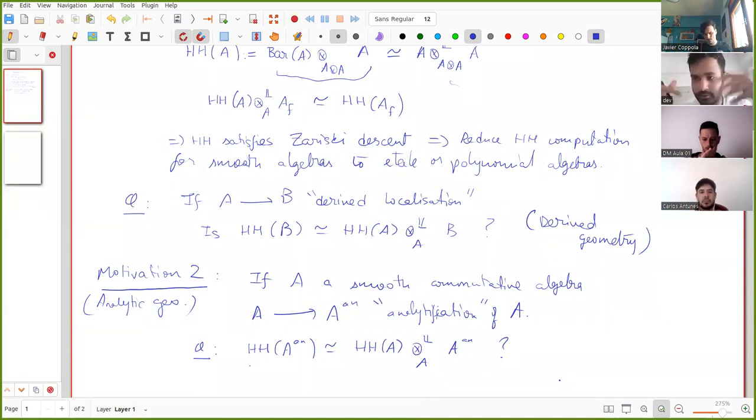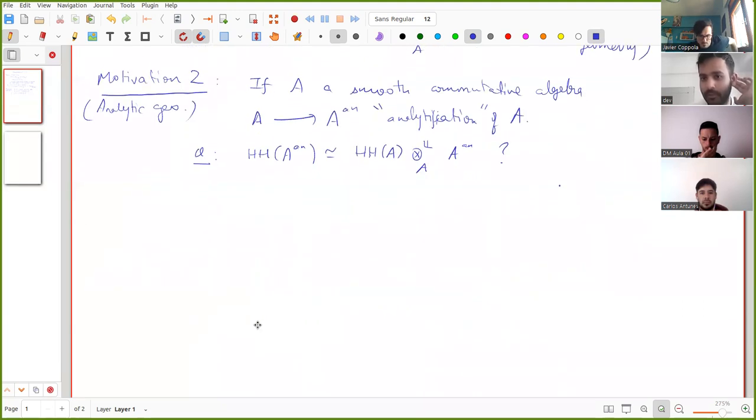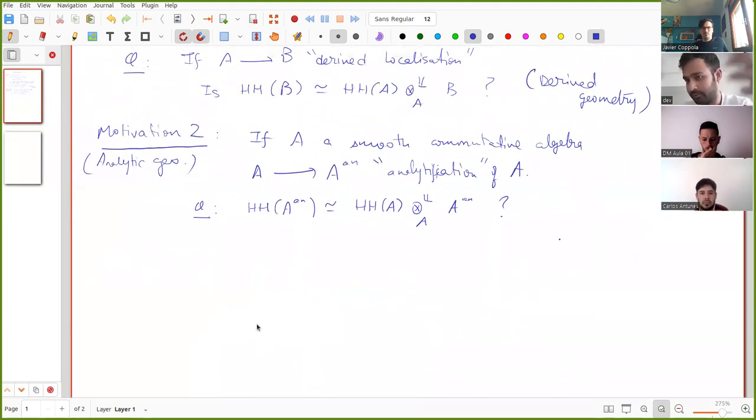But for the same reasons that Hochschild homology is important in, say, deformation theory, the analytification of the algebra is perhaps something that plays the same role in analytic deformation theory. So you might ask the same question again. What is its Hochschild homology? And this is a speculation that you might arrive at.